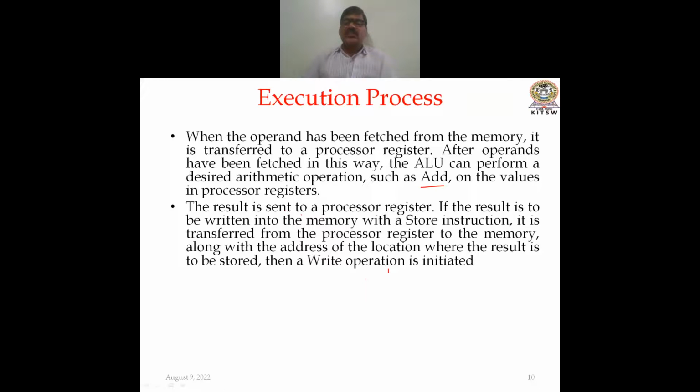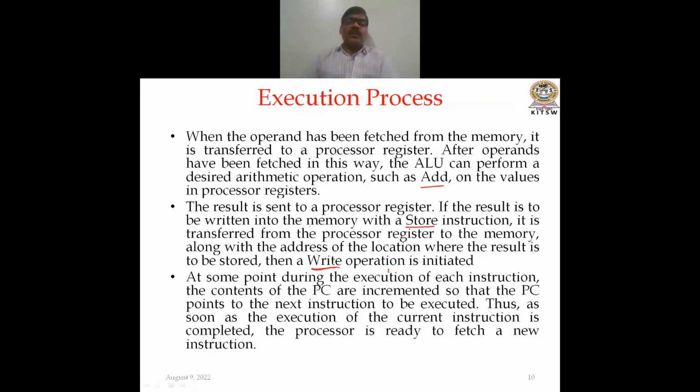The result can then be sent to a processor register, and if we want to store that result in the main memory, we can initiate a store instruction, which transfers the data from the processor register to the main memory unit. Store will initiate the write operation, and load will initiate the read operation.